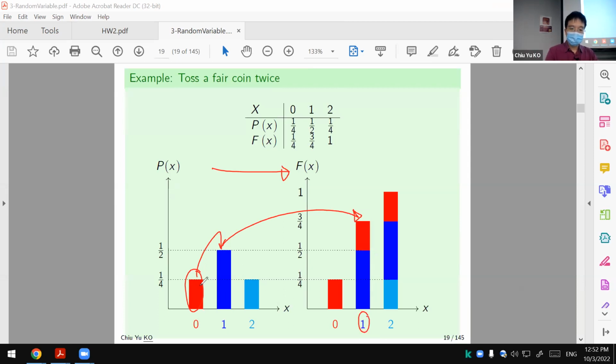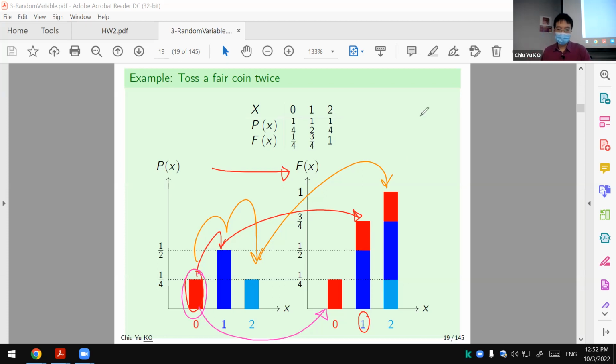And of course, if this is itself, just put it here. And if you stack the three things here, you get the last one. That's how you go from the left to the right. Is that clear? I think the color is very clear. Just successively stacking. Is that okay?